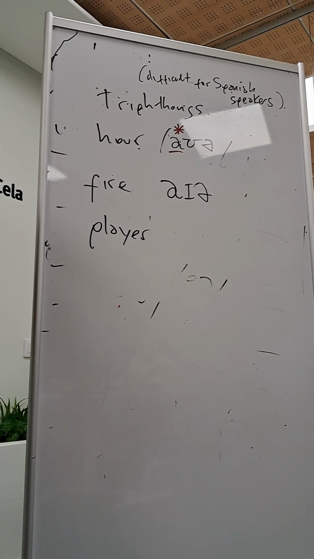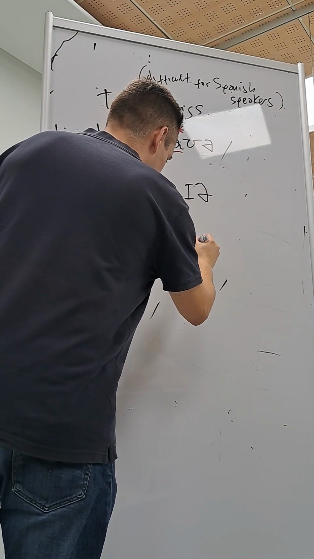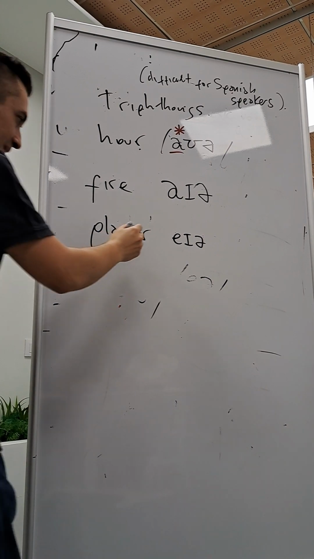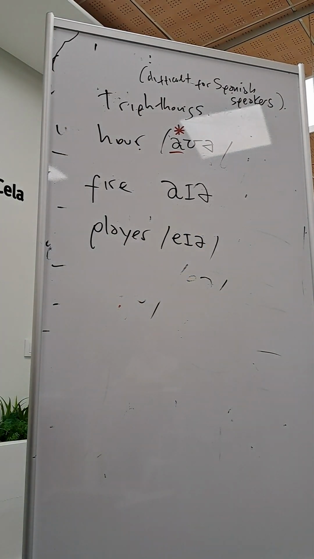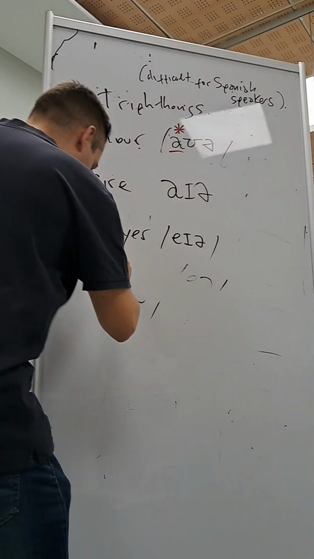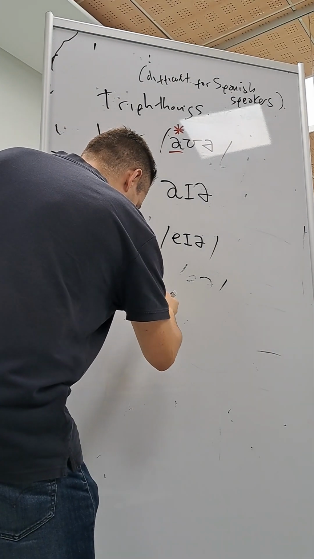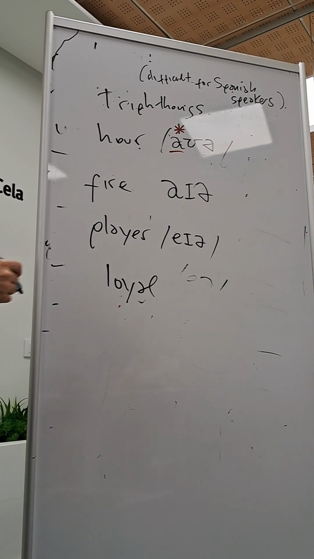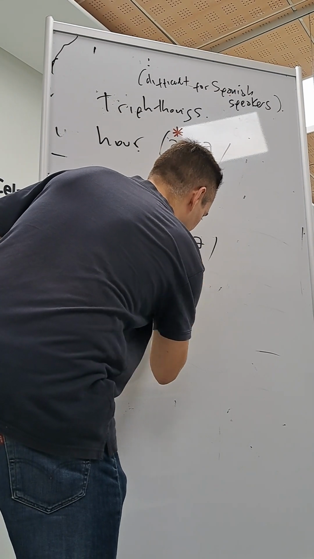Play. Schwa. Yeah, there you go. Player, ea. If I say loyal. Loyal. Where's the diphthong? I'm a very loyal person. O-E-O.